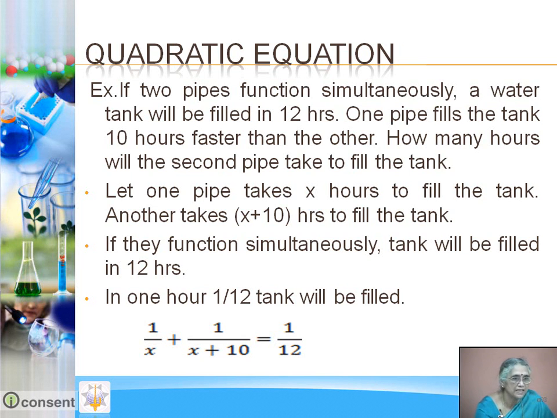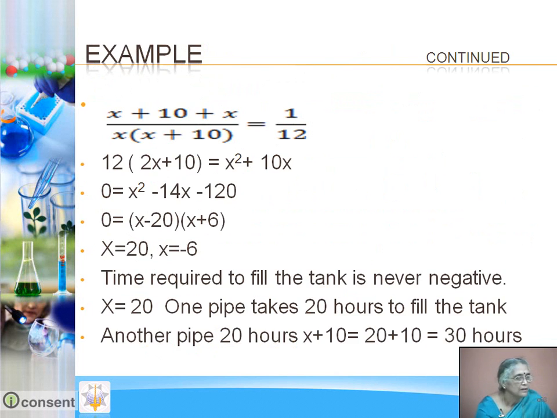So from given condition, what is given? If two pipes work simultaneously, tank is filled in 12 hours. So we write equation as 1 upon x plus 1 upon x plus 10 is equal to 1 upon 12. Now when you simplify this, that is x plus 10 plus x upon x into bracket x plus 10 is equal to 1 by 12.